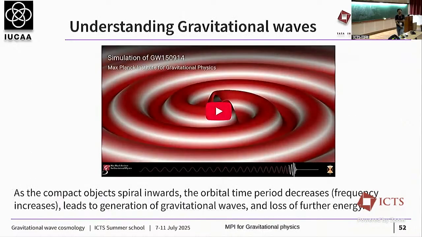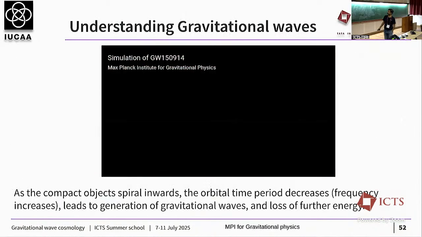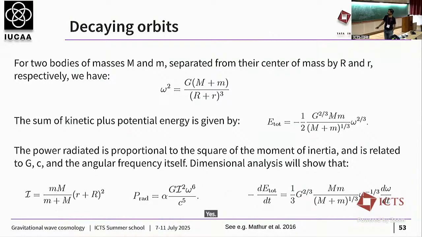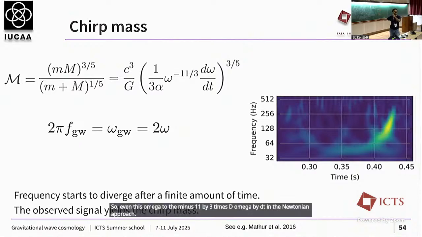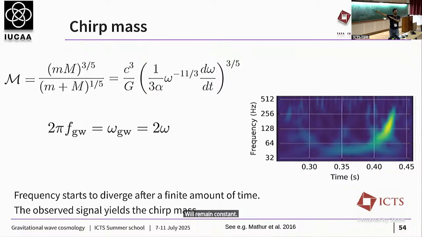So yeah. Is the chirp mass a time dependent quantity? Because on the right hand side, omega and d omega by dt, which are functions of time, right? Yes, so you can calculate what happens to this d omega by dt. If d omega by dt stays constant, then this functional form is going to change like, right? So even this omega to the minus 11 by 3 times d omega by dt in the Newtonian approach will remain constant throughout this process.